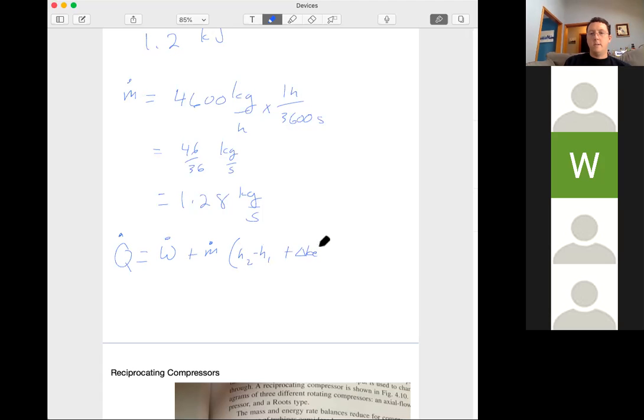When I plug in numbers here, I'm getting 1,000 plus 1.228 times, and if I subtract these two, you're going to get 831.8 plus 1.2. I think that comes out to be negative 61.3 kilowatts.